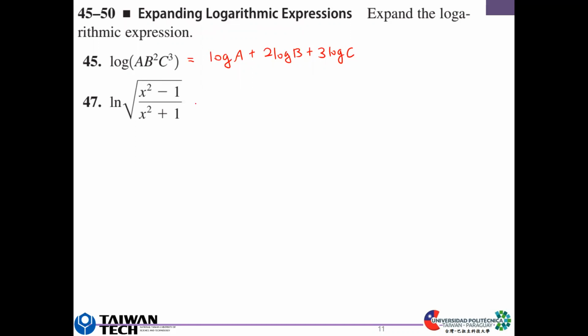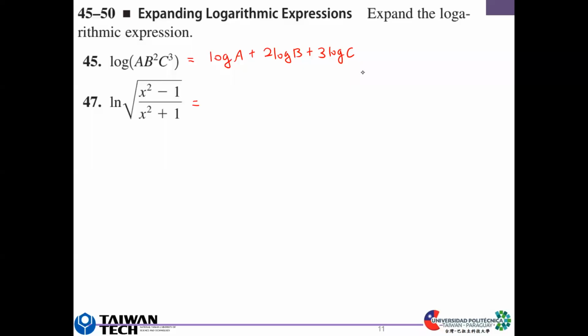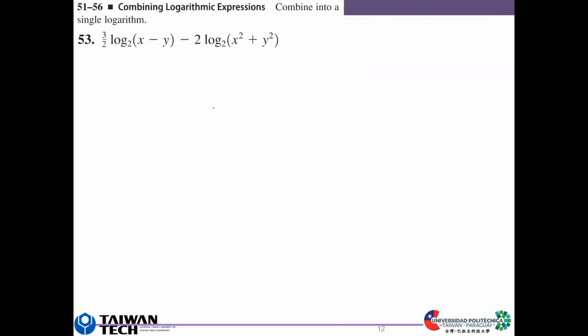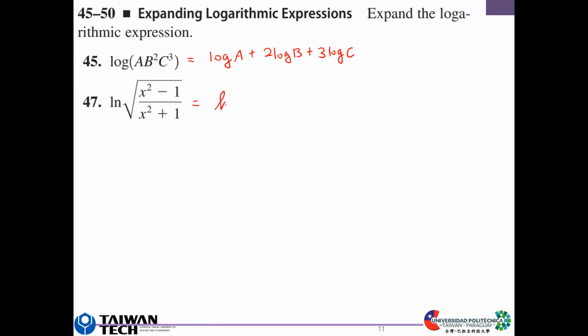And so for 47, it can be written as natural log of x squared minus 1, over x squared plus 1 to the power of 1/2.